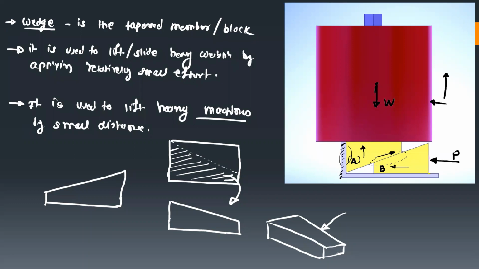So wedge A will move in the upward direction relative to this vertical wall, and then wedge A will offer a reaction on this heavy object or heavy machine, and then you can see the motion in the upward direction. This arrangement is generally used in industry in order to lift heavy loads. I will show one simulation, then you can understand the exact use of this wedge arrangement.